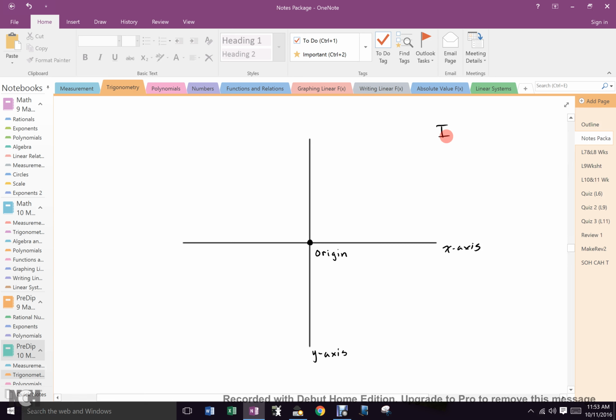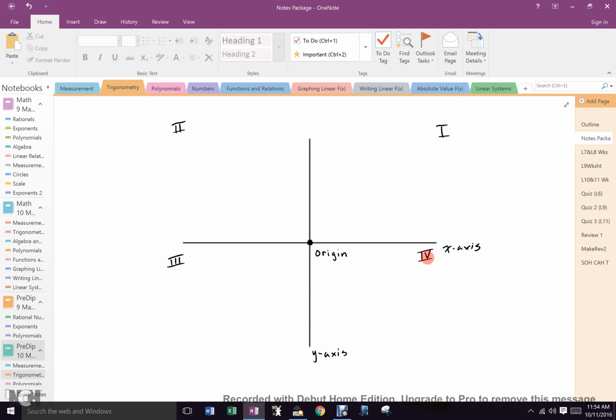Where everything is positive, yes? All right, and then we go, now this is where it gets confusing, because we go counterclockwise. So this is quadrant 2, this is quadrant 3, and this is quadrant 4. Everybody's cool with that? This isn't news to anybody, right?